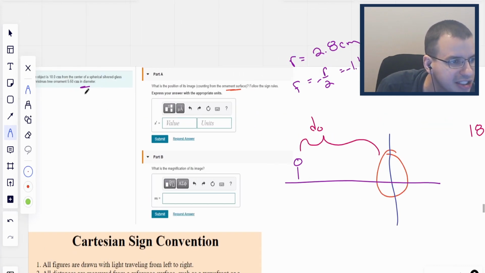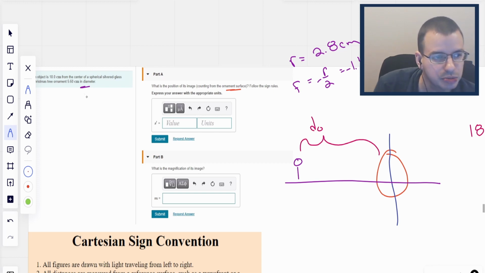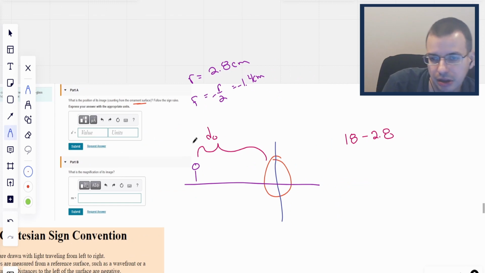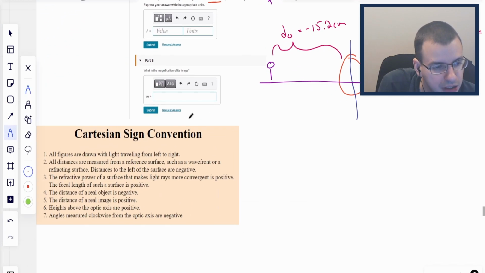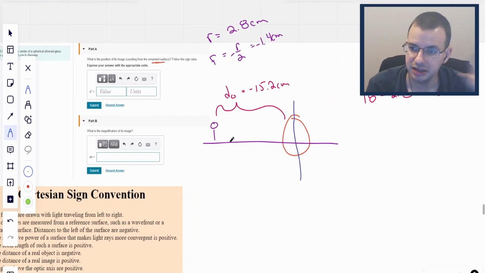Yes, because it's 18 centimeters from the center of the spherical radius, which means that it's 2.8 from the surface, so it's going to be 15.2 centimeters. And specifically, it's going to be negative 15.2 centimeters because the distance of a real object is negative. Basically, everything on the left side where the light's coming from is going to be negative.